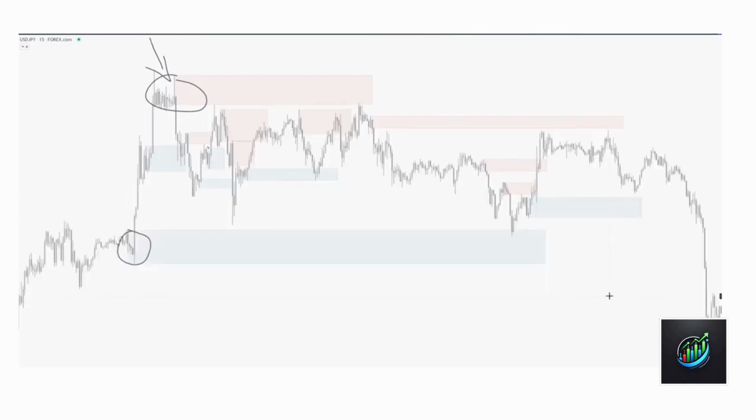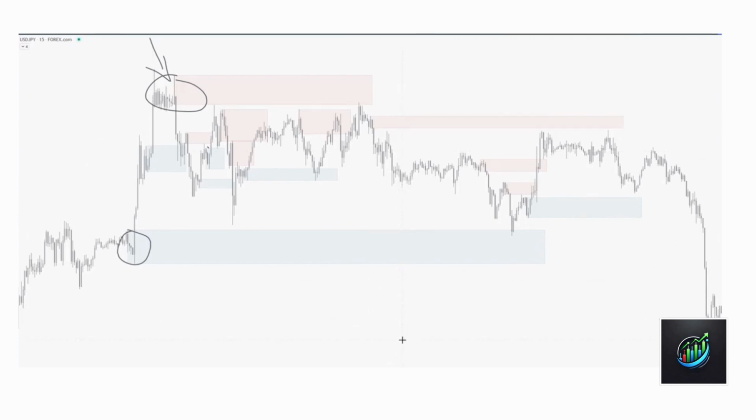Now, with that said, of course, continuation models are going to play out, but what your mind should be thinking is, if I know that the reversal models have a higher probability of playing out over the long term and the continuation models are a little bit less likely to play out, you need to start to build trade ideas that base around reversal and then the initial continuation, because as you get further up in an up move or further down in a down move, the more continuation models that play, the less likely that they are actually going to play out from a trade standpoint.